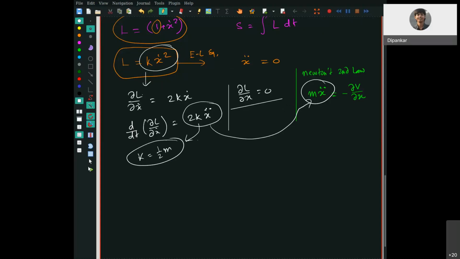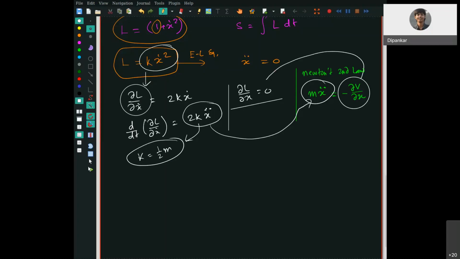So I do not need to fiddle with this del L del x dot thing. The extra piece that comes here can be attributed here because this was 0 for a free particle, del L del x equals 0. But if I now associate this minus del V del x with del L del x, then I am done. I have guessed a valid Lagrangian for Newton's second law also.